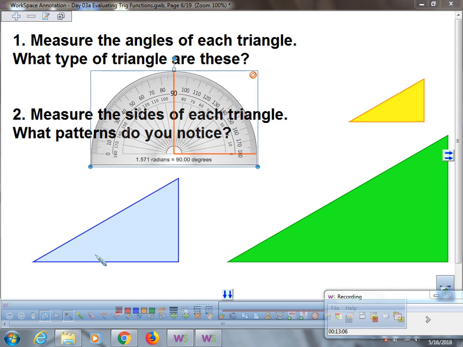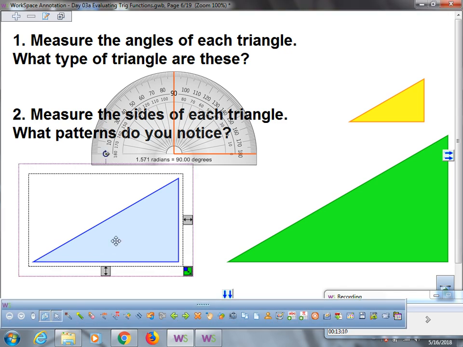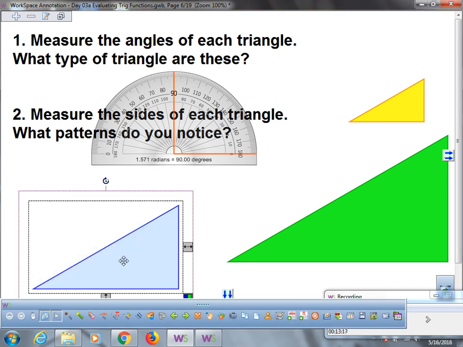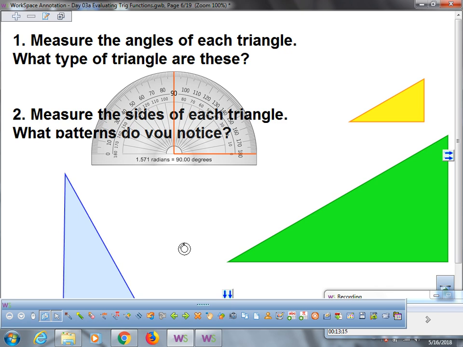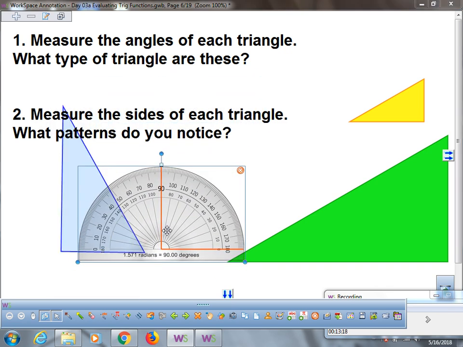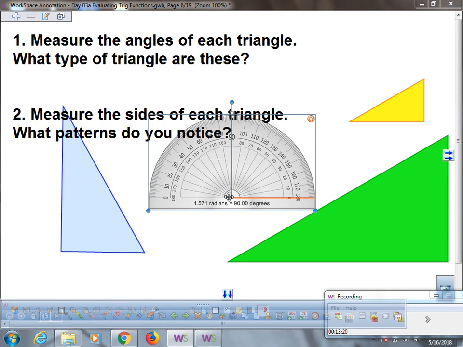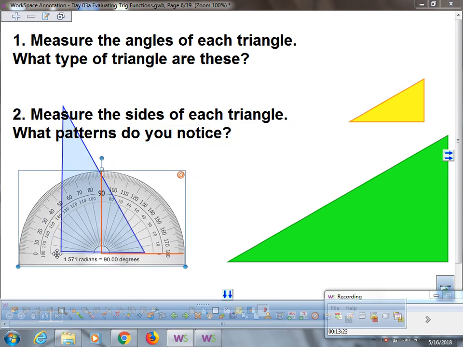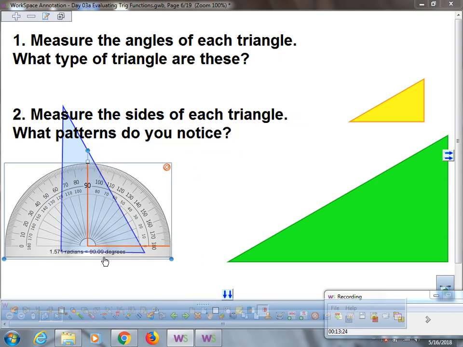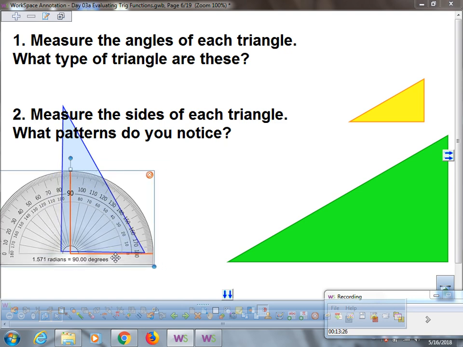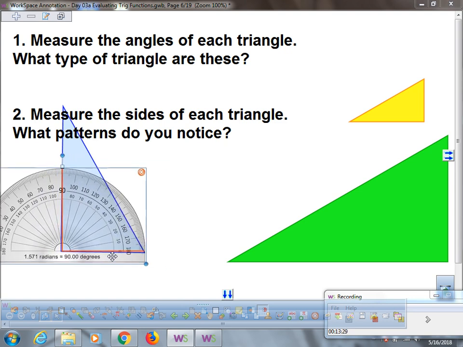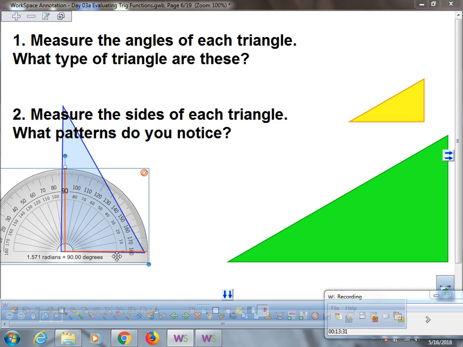So let's turn the triangle so I can measure the other side. Is it off? We're taking the bottom of it, right? And we're measuring. Oh, I measured the wrong side.